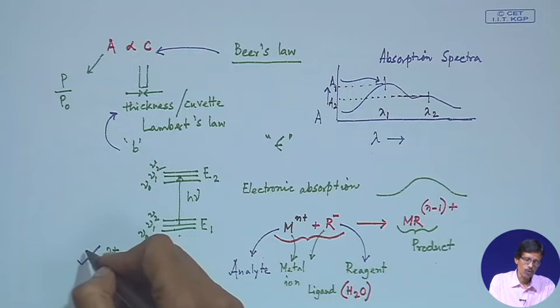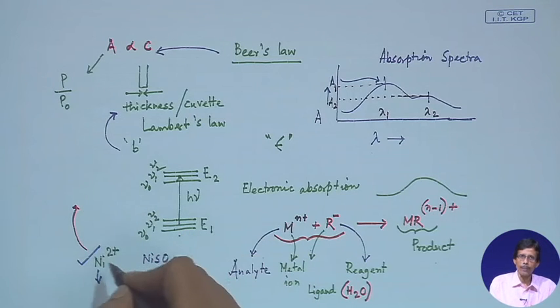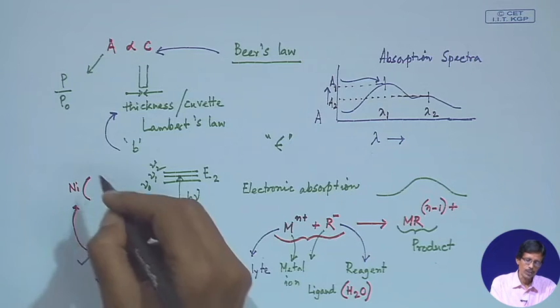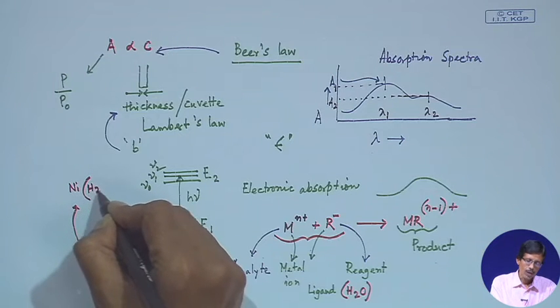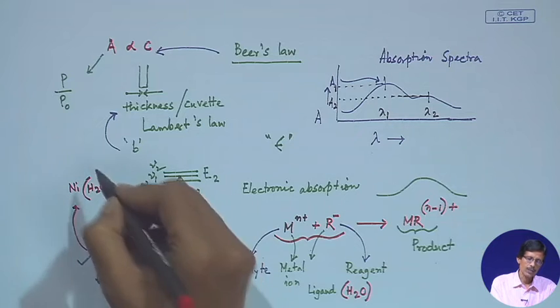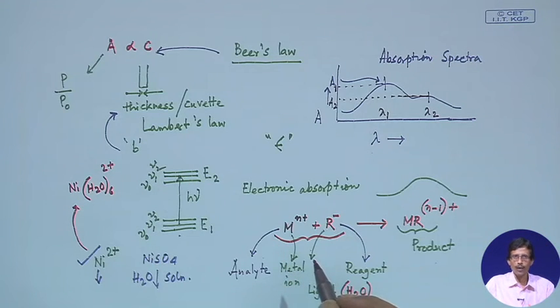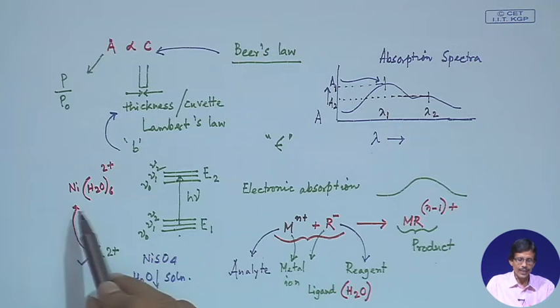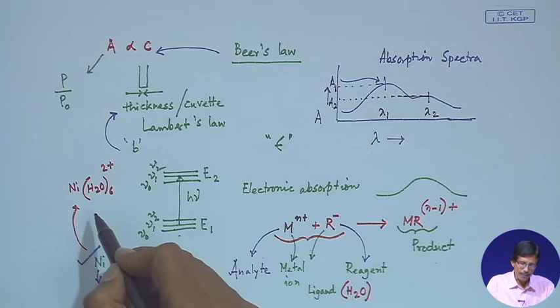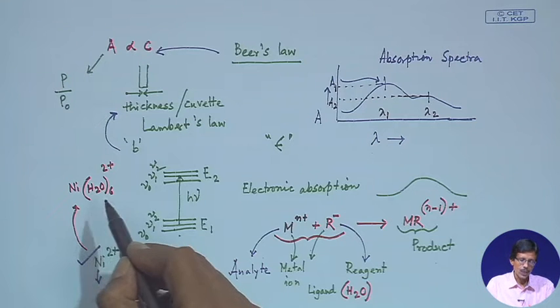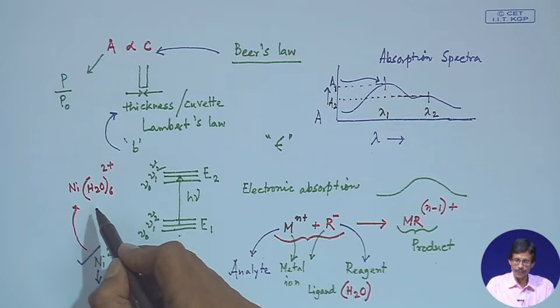So, the species is not the bare Ni2 plus, but the corresponding species which is mostly stable, surrounded by 6 water molecules, which is the hexa-aqua nickel 2 plus ion. So, this nickel 2 plus ion will be there, and if it is colored, depending upon its color intensity, we can measure its concentration.